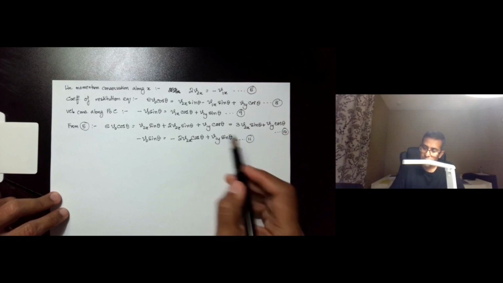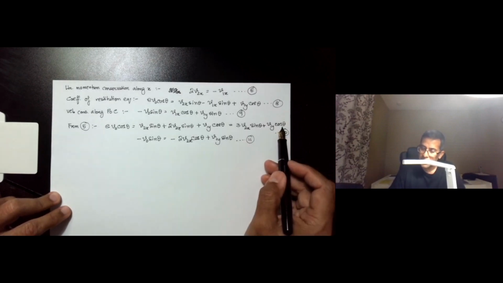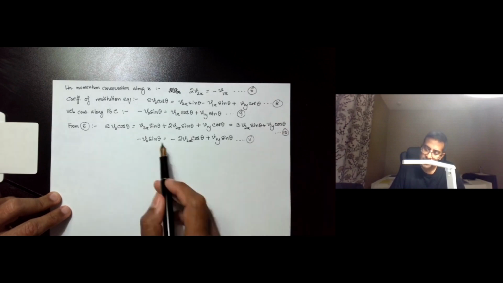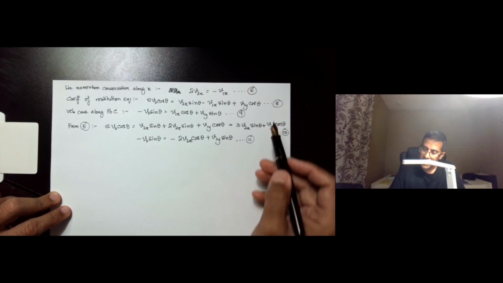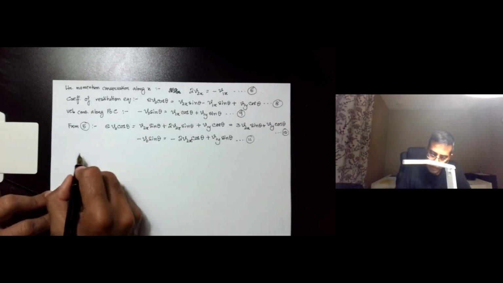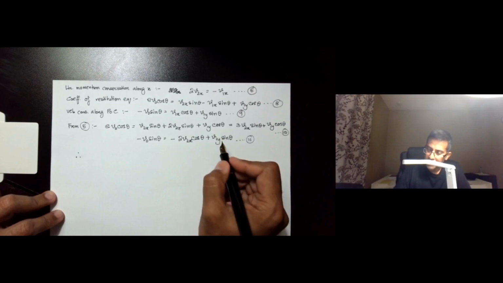Now what we can do is multiply equation 10 with sine theta and equation 11 with cosine theta, and if we subtract, we'll be able to eliminate essentially v1y.